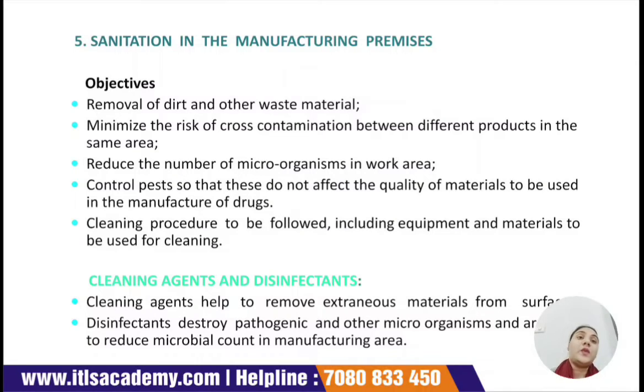So it is very important that the premises should be clean and free from any source of microbial contamination. The removal of dirt and other waste material is the objective of sanitization, just to minimize the risk of cross contamination between the product and the area.